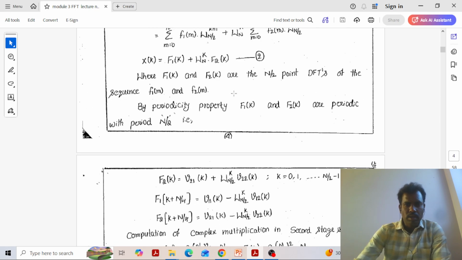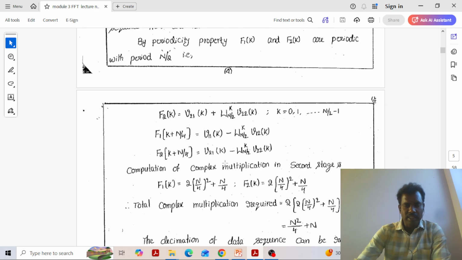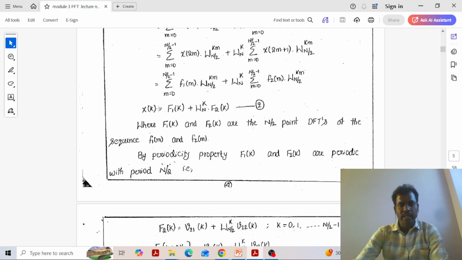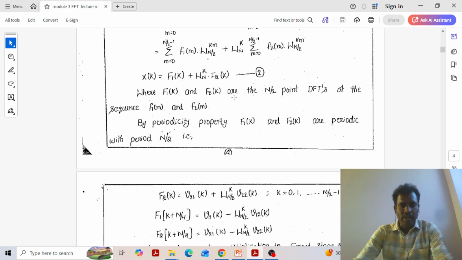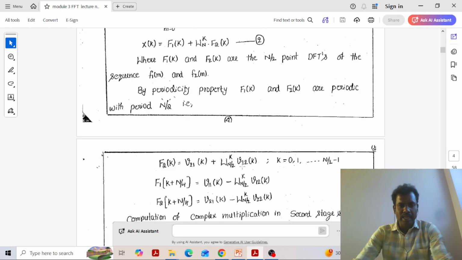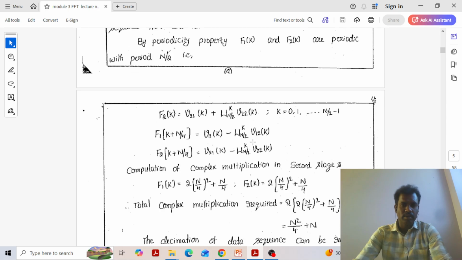This can be calculated further by dividing f1 into even and odd again. Similarly for f2 of k, f1 and f2 can be calculated using addition and subtraction of v1 of k and v2 of k. Likewise it can be calculated in an iterative manner.